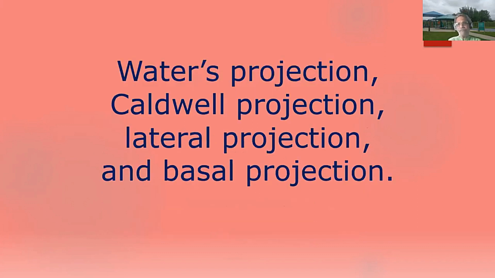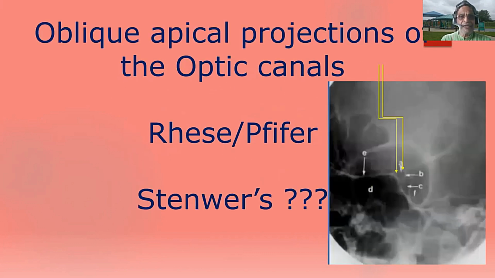Other views are what now? As far as the orbit is concerned, we have the Caldwell view. Other things, of course, lateral projections and basal projections. Basically, what we are talking about is Waters and Caldwell. What are these used for? I'll tell you here. We have oblique apical projections of the optic canals.